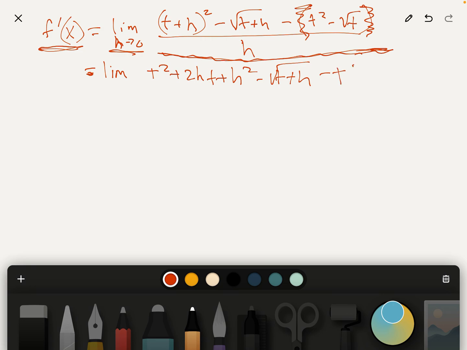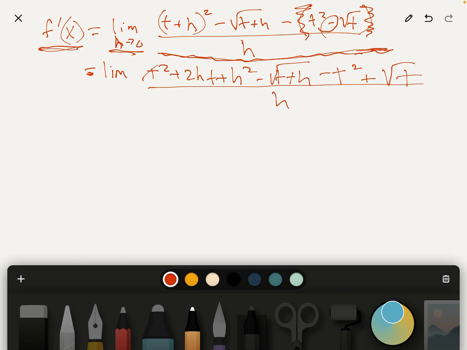And in doing so, I have to change this minus sign to a plus sign. With complicated problems like this, it's very important to keep track of your signs, plus and minus. And that's all over h.